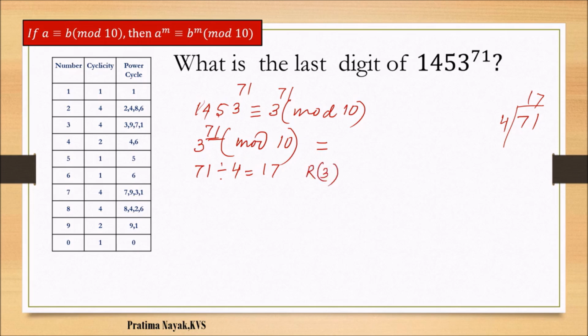That means 3 to the power 71 we will write as 3 to the power 68 into 3 to the power 3. 3 to the power 68 means 3 to the 4 into 17, which gives you 1, and 3 to the power 3 is 27.